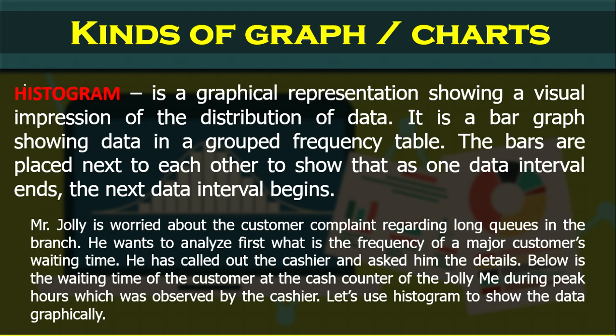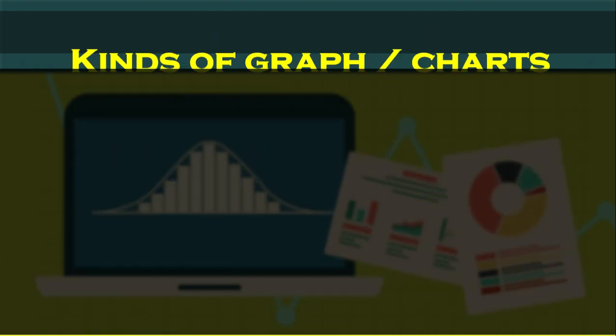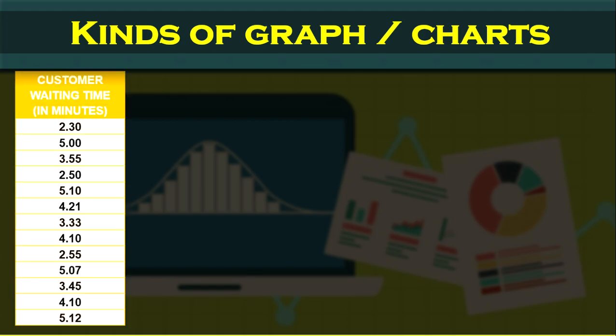For instance, here we have an example about the customer complaint with the waiting time of the customer at the cash counter of the Jollibee during the peak hours. Here's the data of customer waiting in minutes.